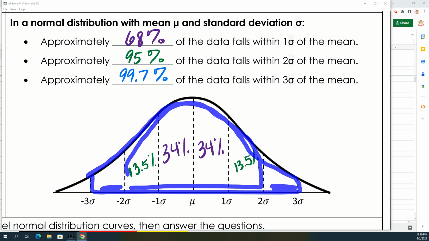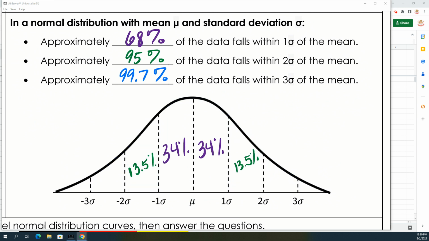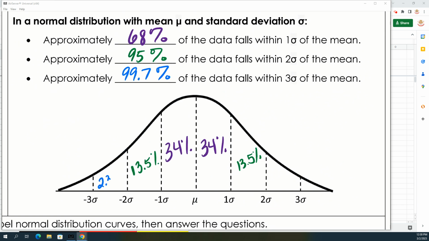So each one of those is going to be 2.35%. All right, and then that leaves a teeny tiny amount that is outside of 3 standard deviations that add together to be the 0.3% that we're missing. So each one of those is 0.15%.